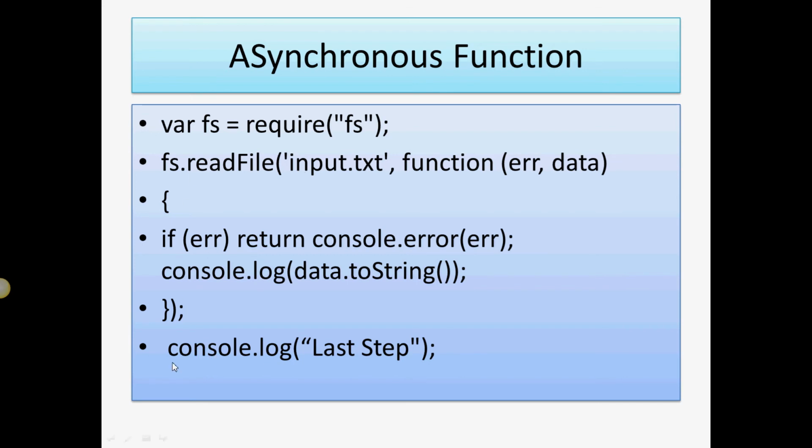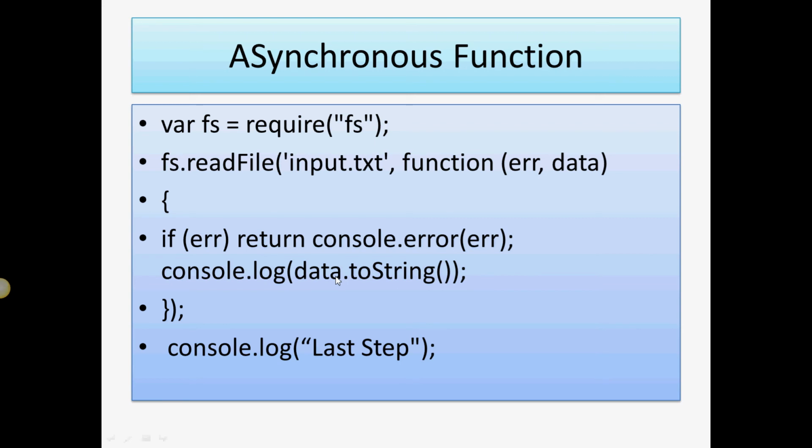I have just put a console statement; you can do any other thing. If you see the output, the last step will appear last, because reading a file takes some more time, and once the file has been read, this callback function will be executed and it will print the content of that file. So it is not blocking any other statement.